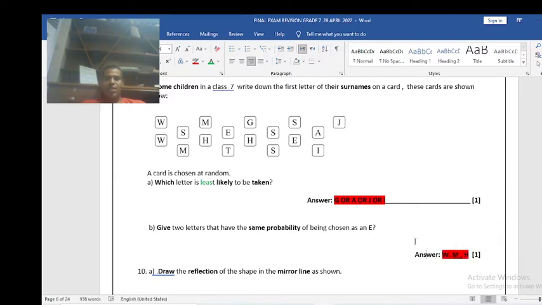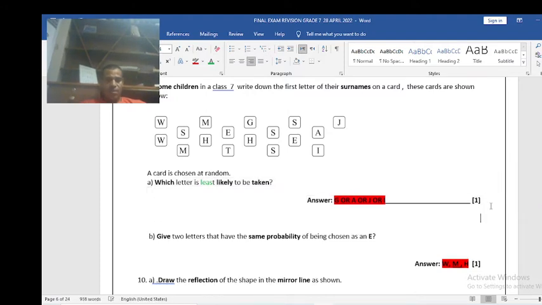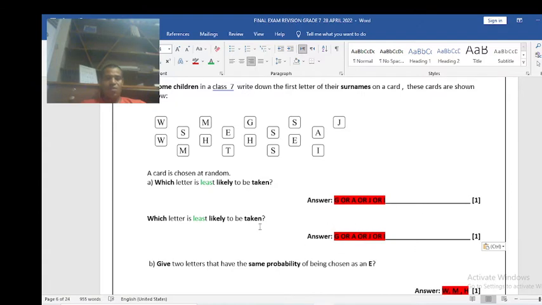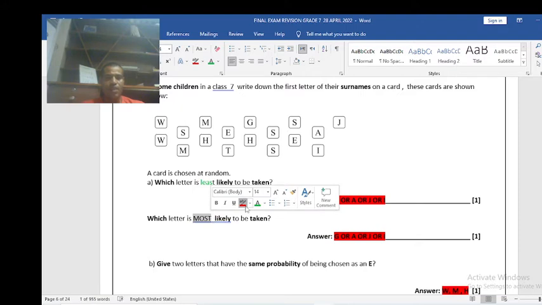Now if we change this to most, I will just change this by most. Most likely to be taken or to happen.